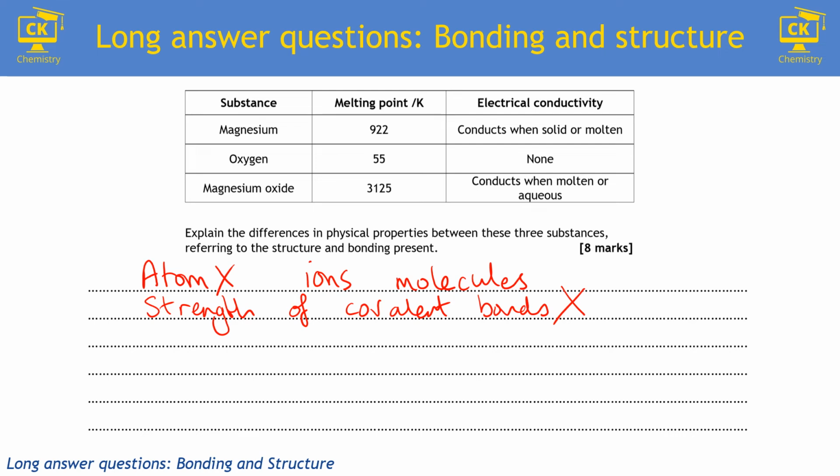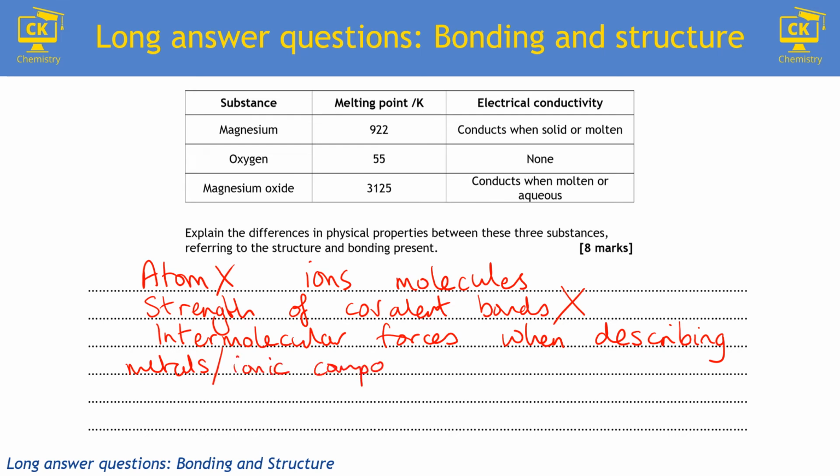We should also not be talking about intermolecular forces when describing our metals or our ionic compounds, or indeed if we were doing a question where we were describing giant covalent. So again, massive no-no.